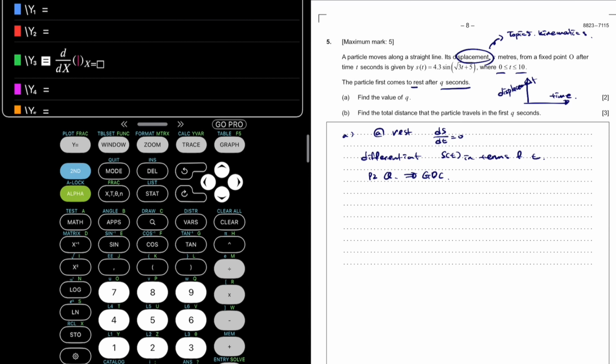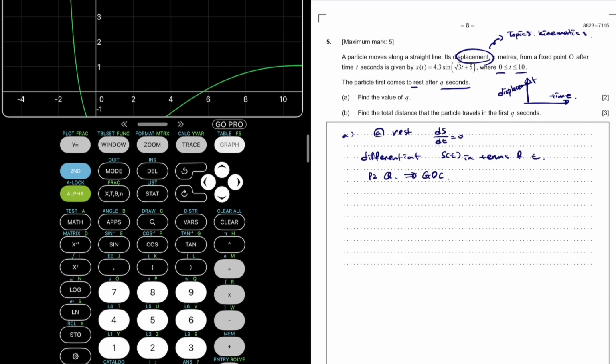You substitute your function, which is 4.3 times sine of the square root of 3t plus 5, but I'm going to use x instead of t. So 3x plus 5, close the bracket, and for the x value I put x, then hit enter and graph it.